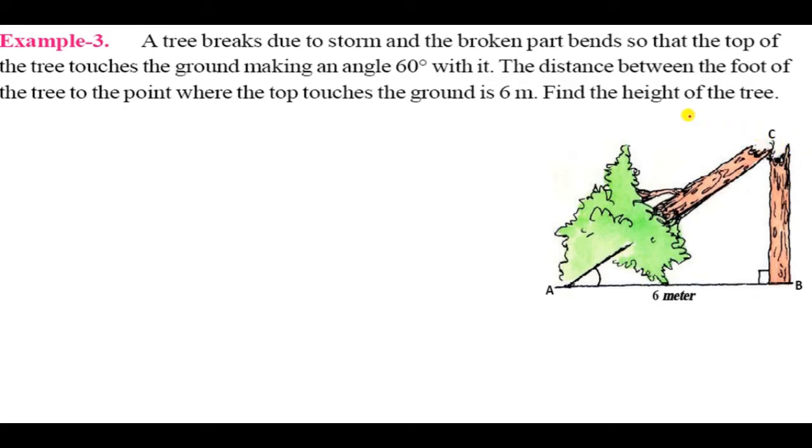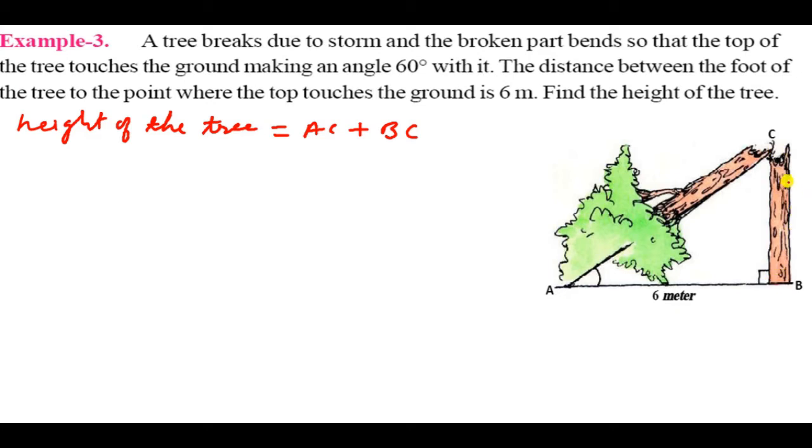So the height of the tree is AC plus BC. So that is the height. It is AC and it is BC. The whole is the height. Now AB is given as 6 meter.